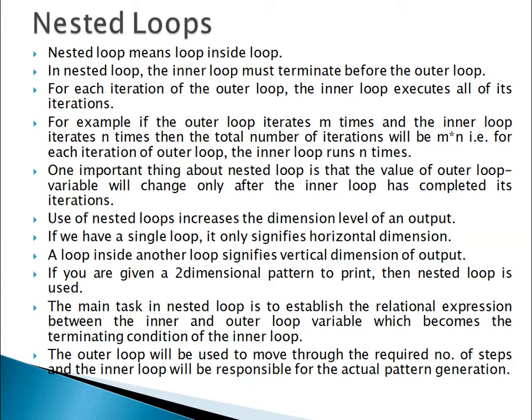Clear? Please go through these points again and again until you are clear. It is very important because these nested loop questions are very tricky. If you understand all these points, you will be very quick to write such nested loop programs.